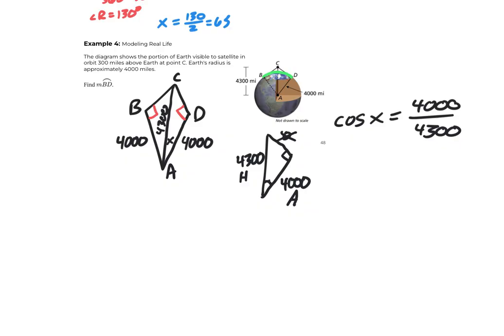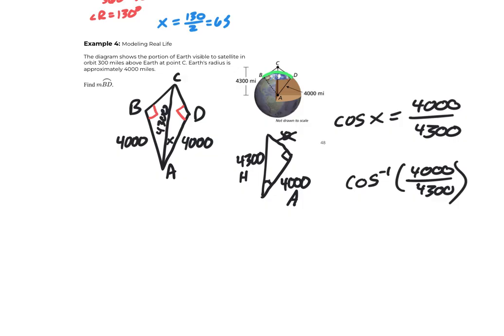Not just cosine, but cosine negative 1. Because we're looking for an angle, we're going to do cosine negative 1. We put that in our calculator.